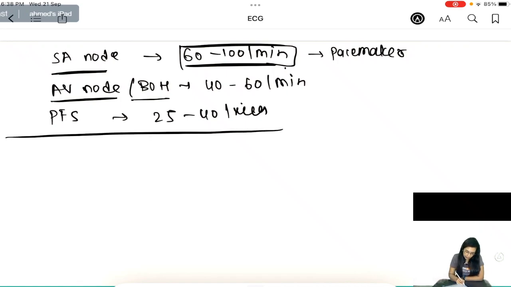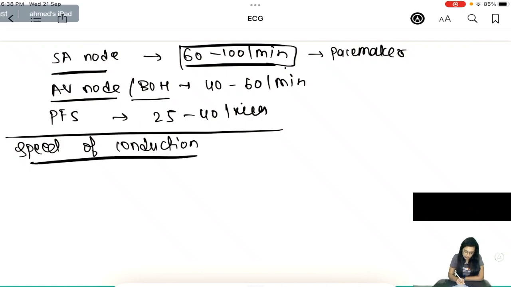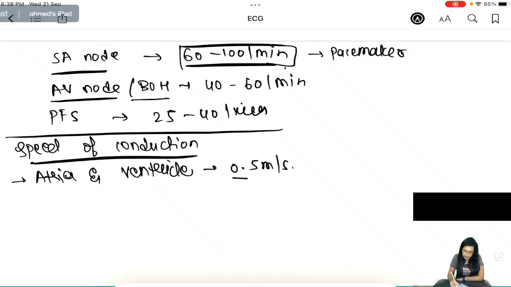Then one more thing you have to understand is the speed of conduction through all the cells. Okay, so it's easy to remember. All the cardiac myocytes, that is atria and ventricles, through them the speed of conduction of the impulse is 0.5 meter per second.